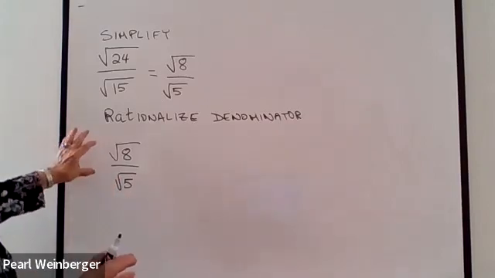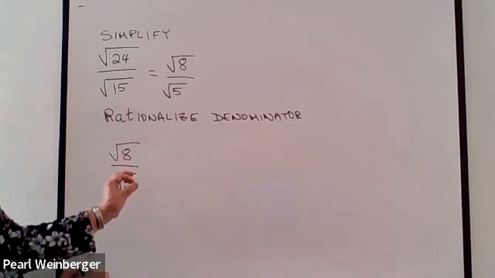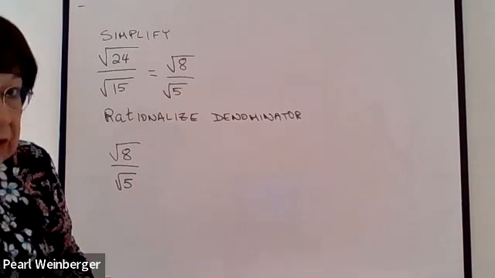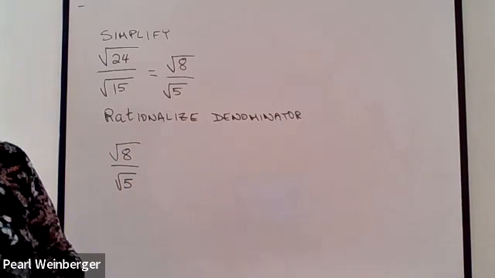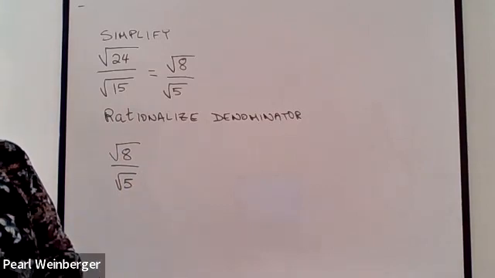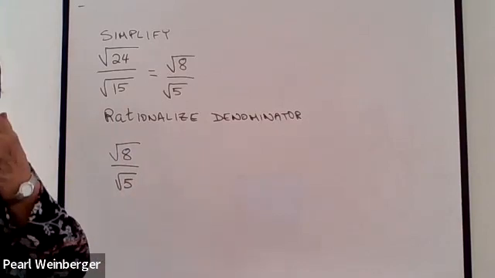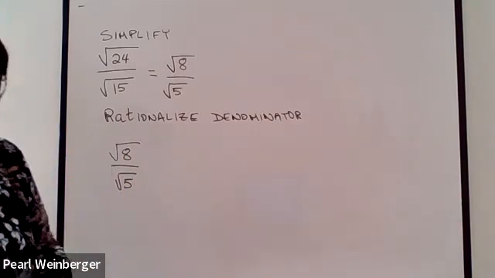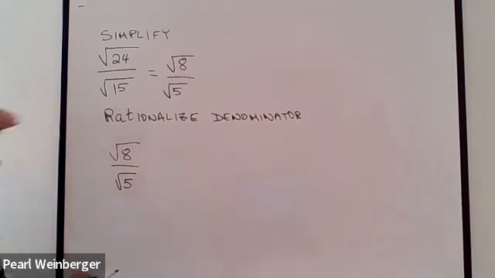Whatever you multiply your denominator by, you do the same thing to your numerator. You're not changing the value of your fraction. We talked about this last chapter when we were renaming our fractions to make them have common denominators, etc. Whatever we did to the denominator, we did the same thing to the numerator.